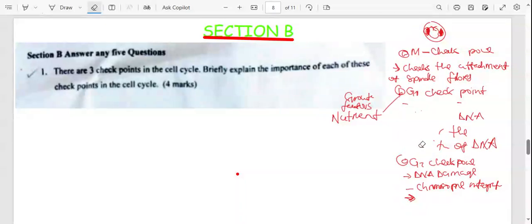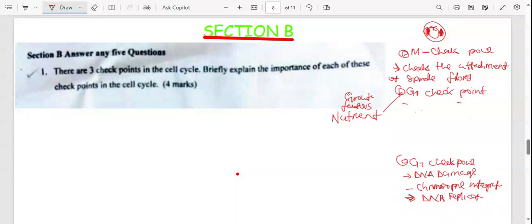All right, so the DNA replication will occur at G2 checkpoint. So it will check the DNA replication.